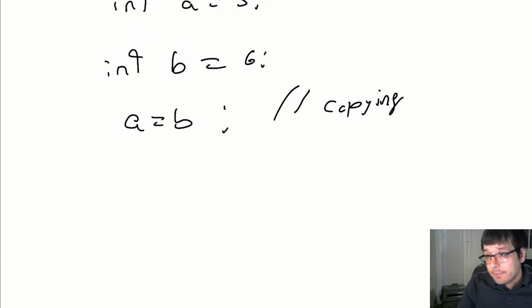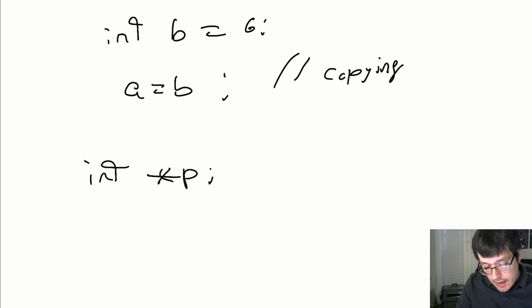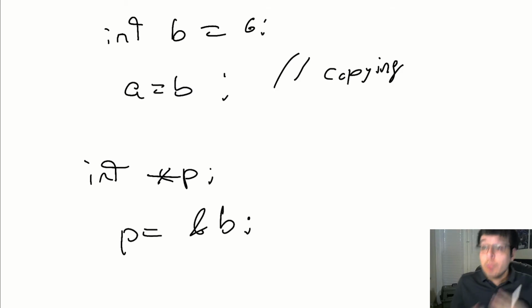That's kind of what I want. If I didn't want that, then I could use a pointer, right? I could say int *p, and then p gets the address of b. So now this is pointing to b. It's not an actual copy. It's just an aliasing, a reference.